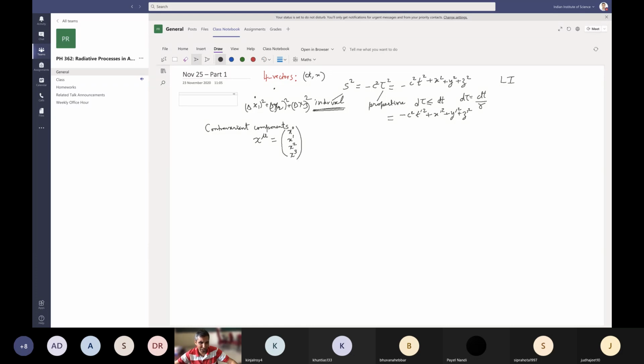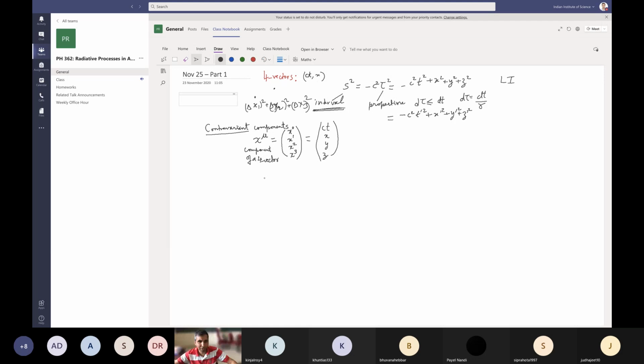Right, so these are coordinates. This is the time coordinate, so this is equal to ct. X0 is ct, x1 is x, this is y, and this is z. Right. So this is contravariant. When this index appears on the top, this is like a component of a 4 vector. So this is called the contravariant component when this index appears on top.